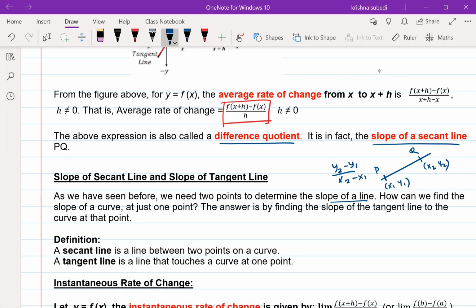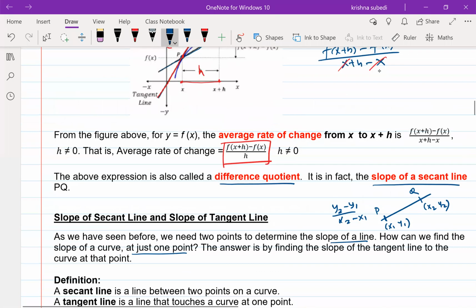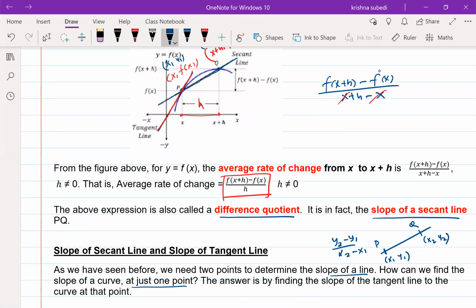Now the question is, how can we find a slope of a curve at just 1 point? How can you find the slope of this curve, the blue curve, at 1 point at P? That is the fundamental question for calculus.